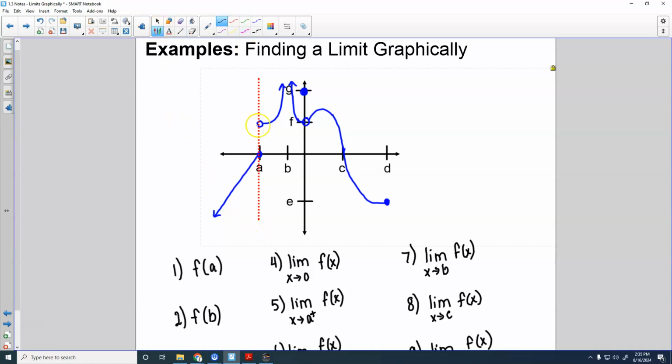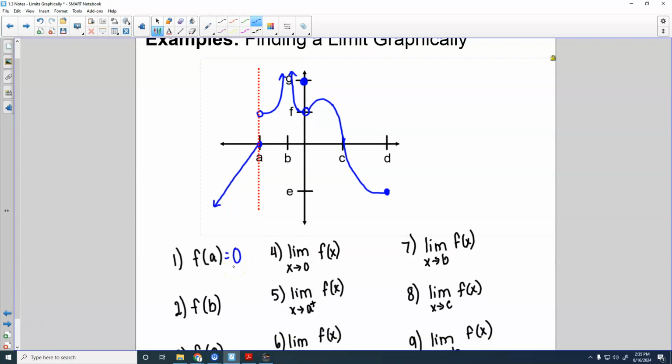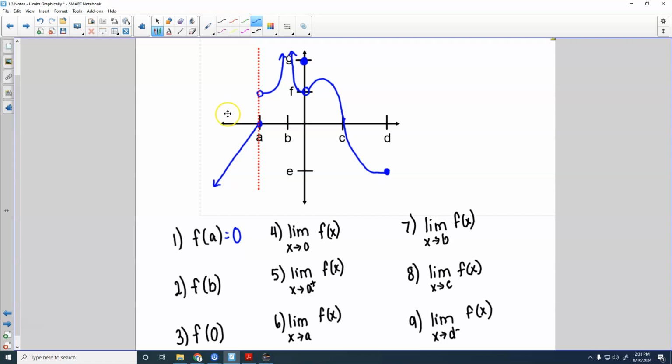Xander, what is f of a? 0. Good. Wonderful. Then, let's see, Webb, f of b. What do you think? It's undefined.